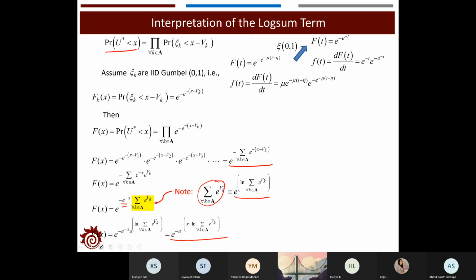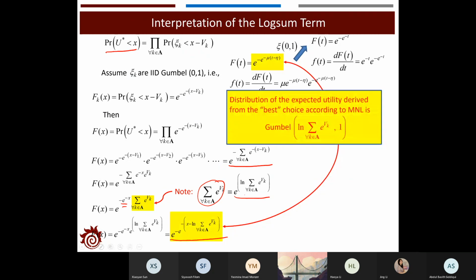If we go back to check the Gumbel distribution, this means that this one follows the Gumbel distribution with the log summation of exponential Vk for mu, and eta is still 1.